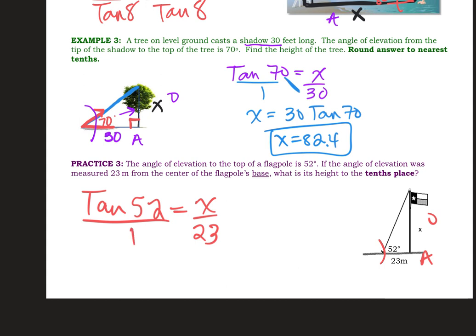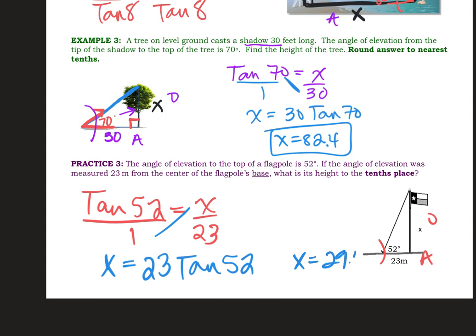Multiplying or dividing? Multiplying. So this will be 23 tangent of 52. What did y'all get to the nearest tenths place? 29.4. Our tenths is here, so we're going to stop it at the 4. So it should be 29.4.